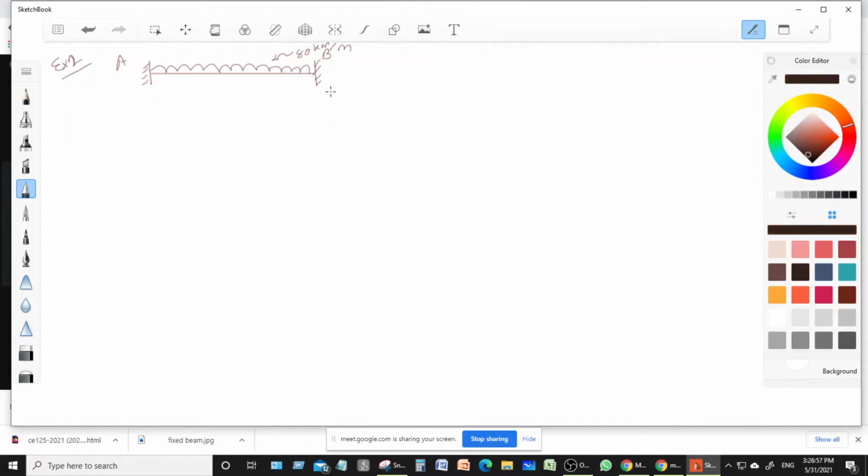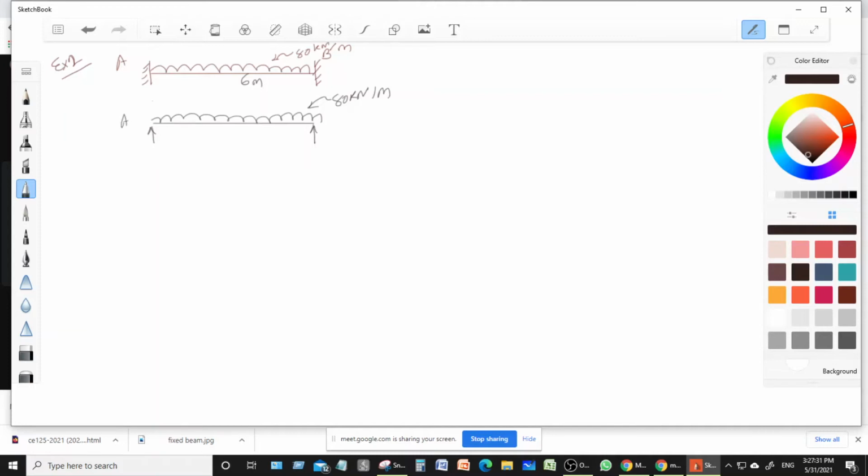The span of the beam is 6 meter. Let me convert this beam into a simply supported beam, subjected to the same UDL load of 80 kilonewton per meter.